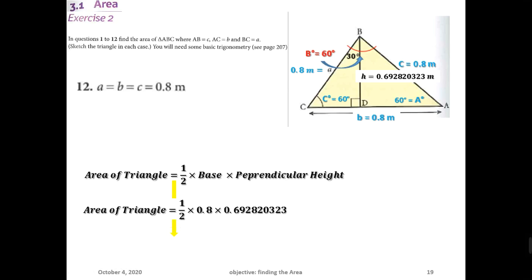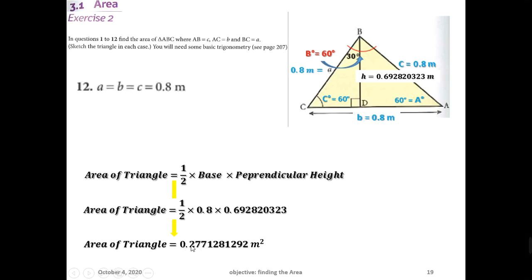And if you do so, you're going to end up with the area of this triangle as 0.277128129 meter squared. If you want to put your answer correct to three significant figures, you're not going to count this 0.